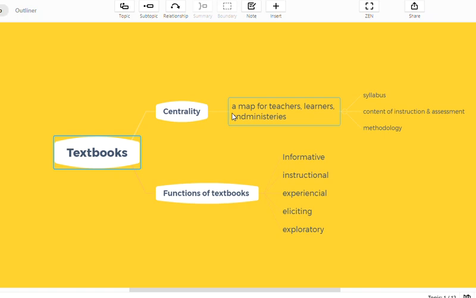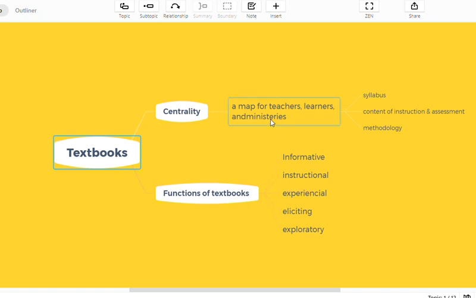Why is it central? Because it provides a map for teachers, it provides a map for learners, and also it provides a map for administrators or decision makers, policy makers.